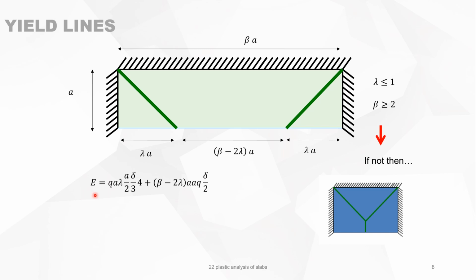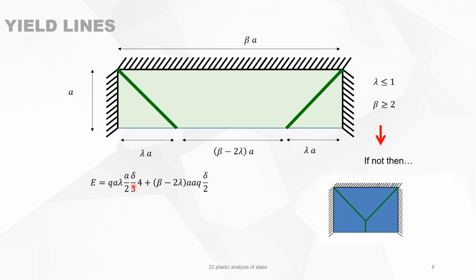is now equal to, we have 4 of those small triangles, this, and this. In each triangle, the surface is lambda A times A divided by 2 and multiplied by the delta over 3, because it's a triangle.